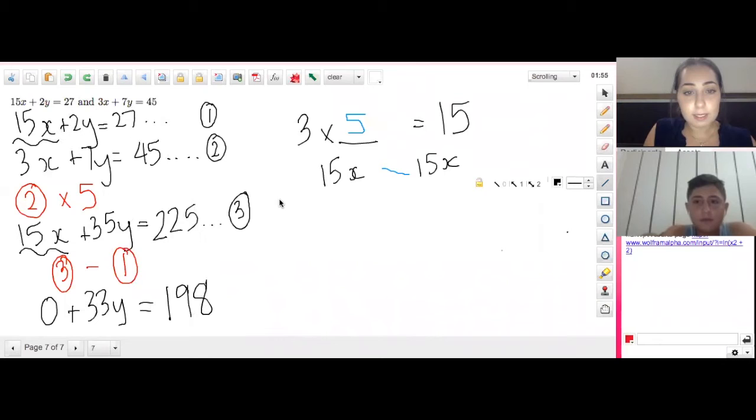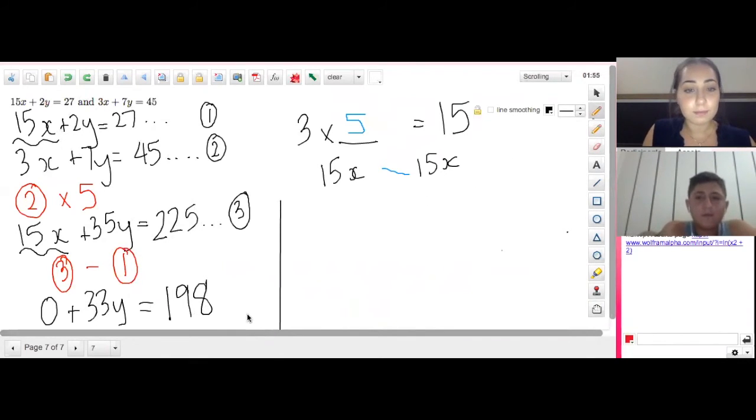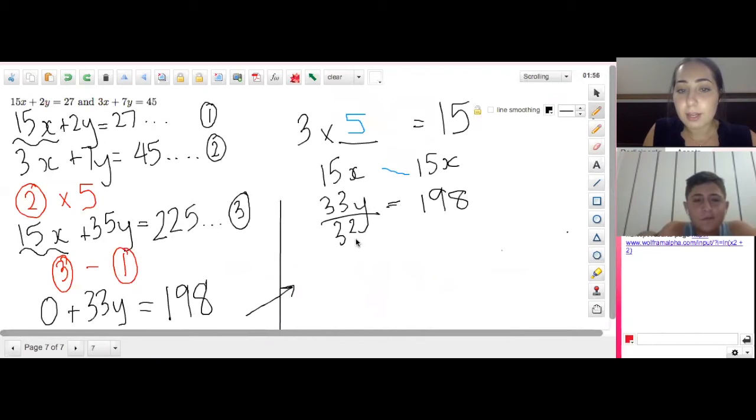I'm just going to split this page up and we'll move on to here. Alrighty, almost there. So in order to make y the subject of this equation, I'll just rewrite that here. We need to divide both sides by 33. So what we obtain is y equals 6.